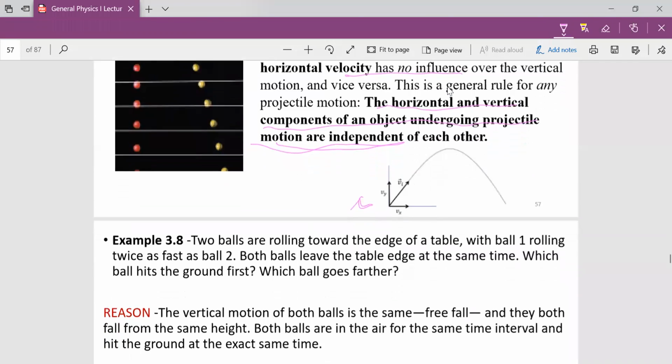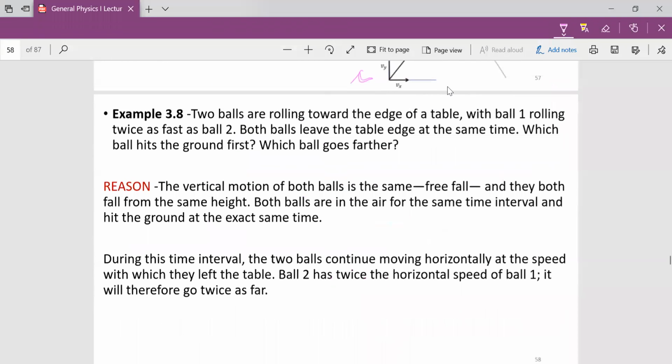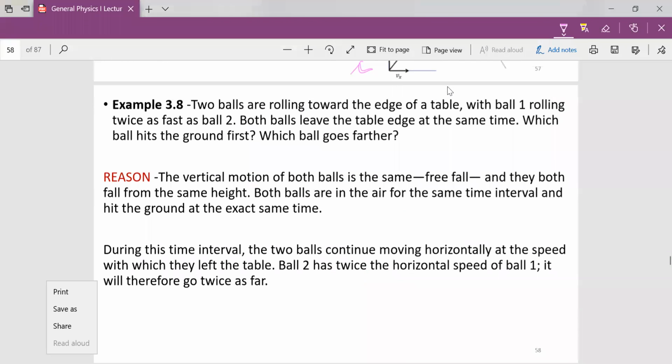So let's take an example to drive home this point. We see a case of two balls rolling towards the edge of a table, with ball one rolling twice as fast as ball two. Both balls leave the edge of the table at the same time. Which ball hits the ground first? Which ball goes farther?